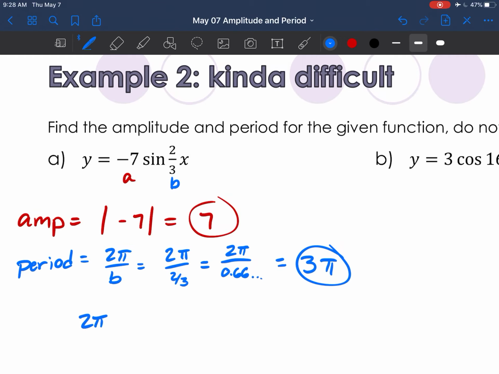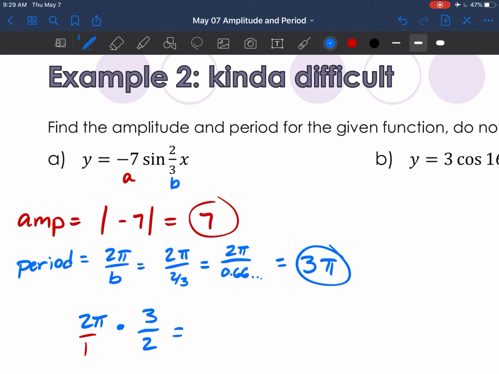And then remember, we don't divide by a fraction. What we do is keep, change, flip. So keep the 2 pi, change it from division to multiplication, and then flip the 2/3 to be upside down, so 3/2. Then put the 2 pi over 1, the same way you make anything into a fraction, and then multiply left to right.